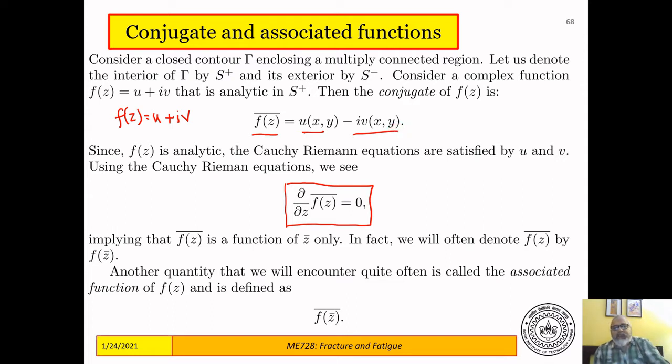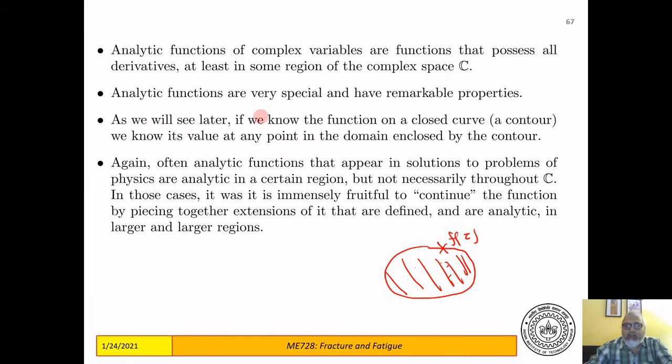So now if f(z) is analytic, the Cauchy-Riemann conditions are satisfied, which means that del u del x is equal to del v del y, and del u del y is equal to minus del v del x. So these two are the Cauchy-Riemann equations. That is satisfied for u and v. And then let us try to get the del z of f(z). What is del z? Let's go back.